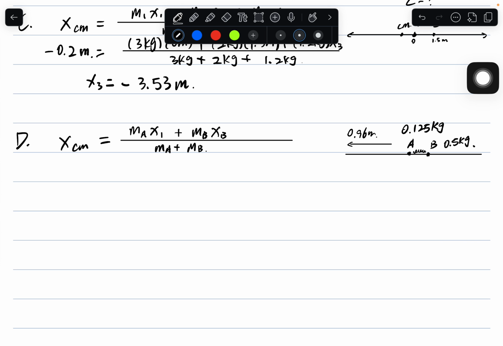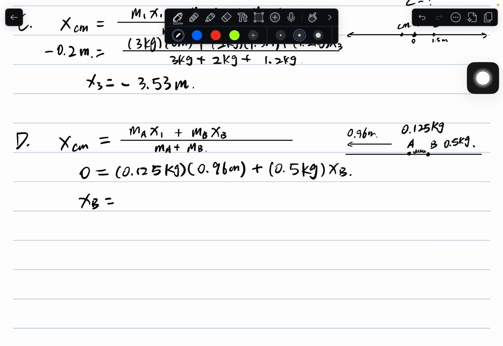So 0 equals M_A, which is 0.125 kilograms, times 0.96 meters, plus the mass of B, which is 0.5 kilograms, times x_B, and we solve for x_B.